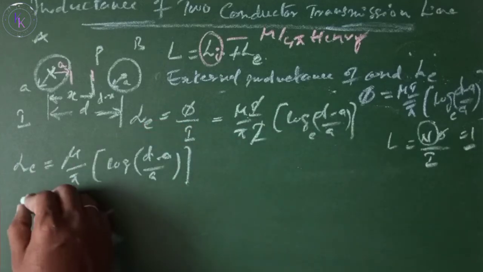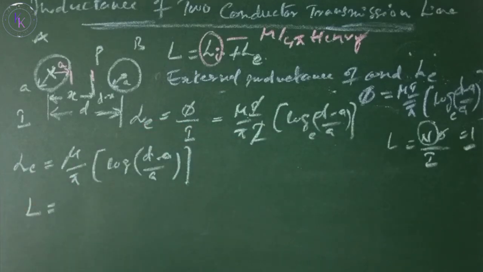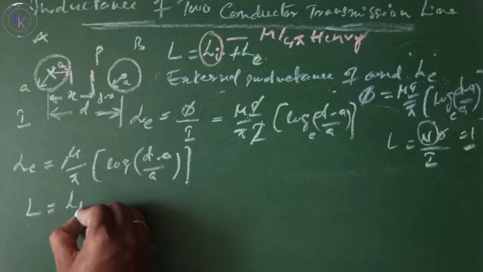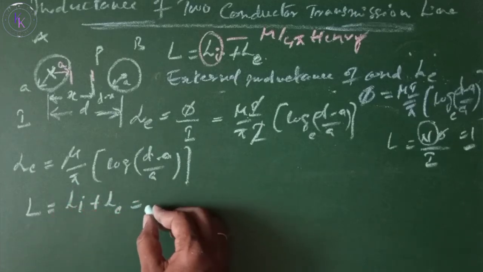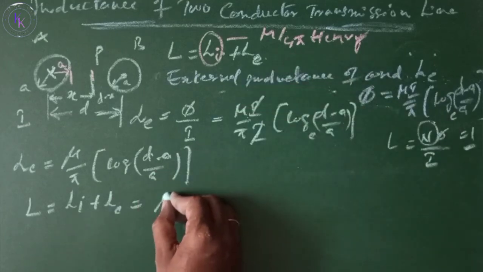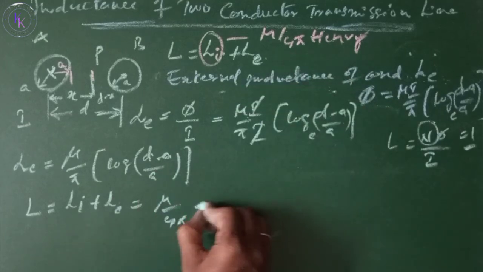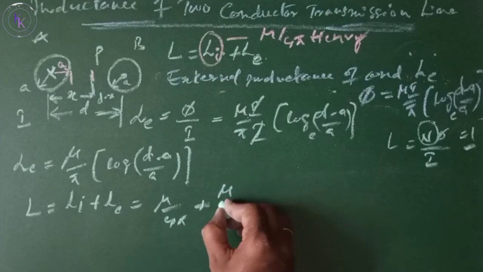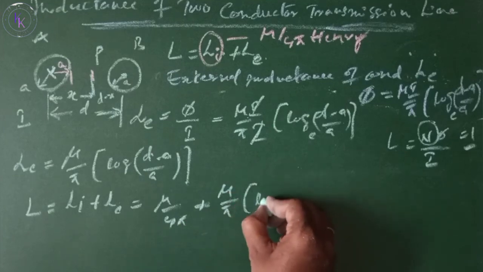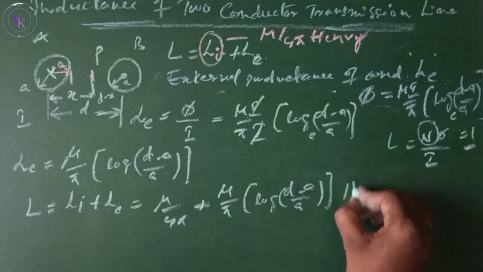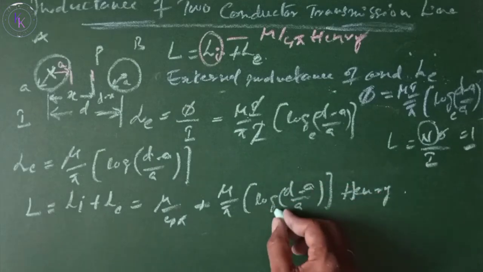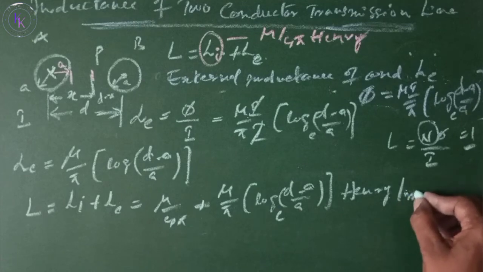Now, the inductance of the two-way transmission line L is given by Li plus Le. That implies the first one, Li, is mu by 4 pi plus mu by pi log d minus a by a henries to the base e per meter.